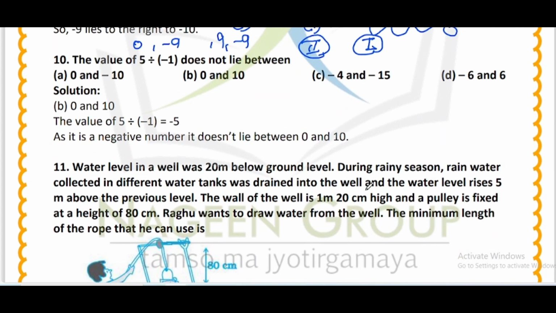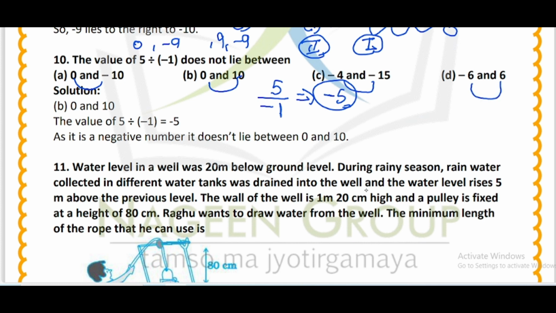The value of 5 divided by minus 1 does not lie between which numbers? Sorry, 5 divided by minus 1. Then the quotient is minus 5. Then minus 5 lies between 0 and minus 10, or 0 and plus 10, minus 5 and minus 14, and 6, minus 6 and 6.